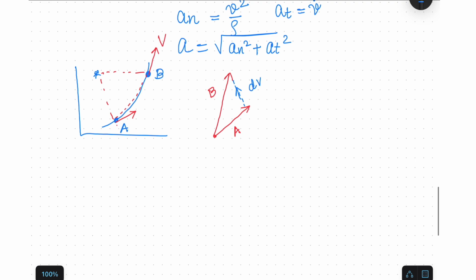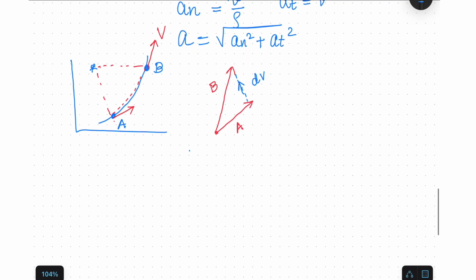Okay, so I can write the velocity vector b is equal to velocity vector a, and plus the change in the velocity. Now the important concept here is that the direction of the change in velocity is also the direction of the acceleration, the total acceleration we can say.